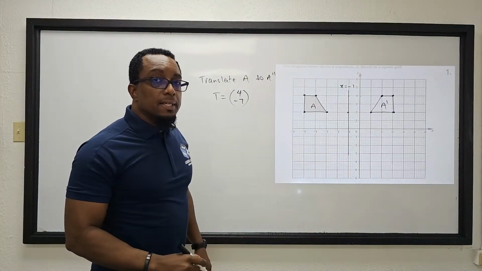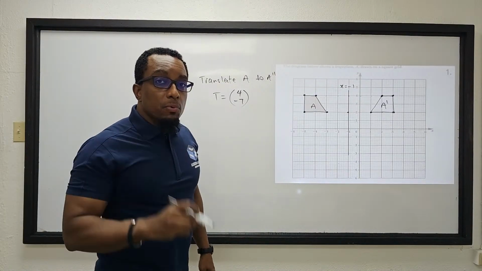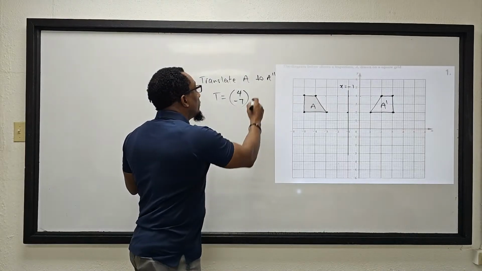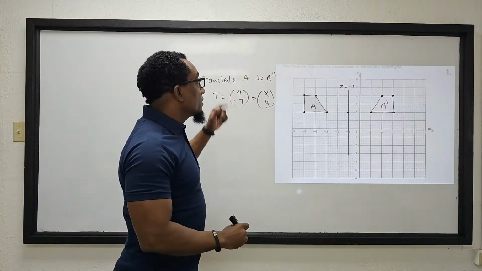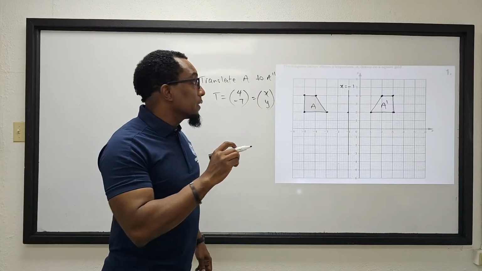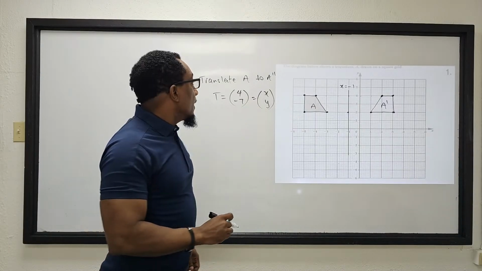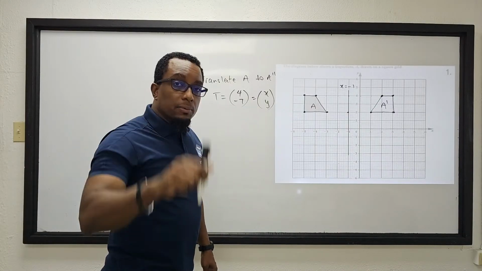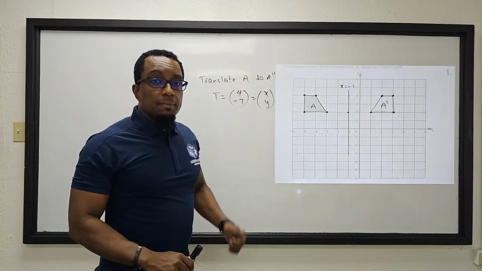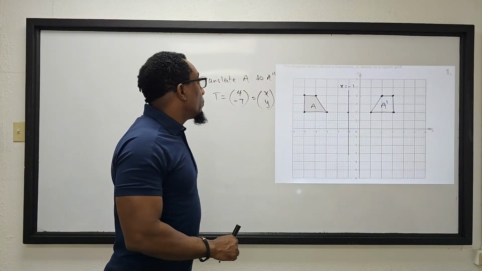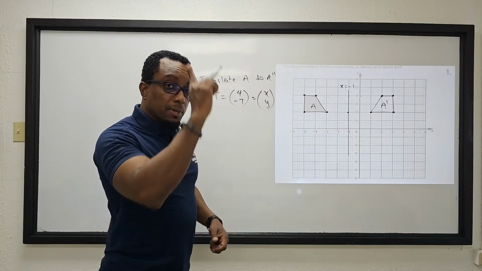When we translate, the vector represents the movement. So 4 will represent x, -7 will represent y. Because it's positive 4, we count 4 places to the right, and because it's -7, we count 7 places downwards. If x was negative, you would count to the left, and if y was positive, you would count upwards.